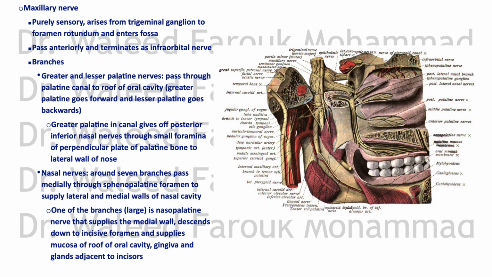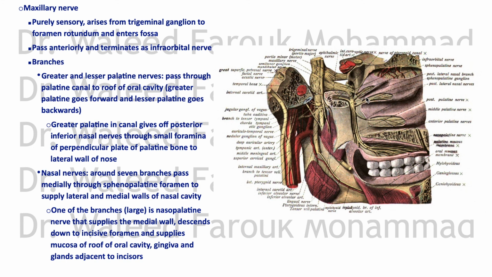One of these branches is the nasopalatine nerve, which will cross to the medial wall of the nasal cavity. Remember that, it descends on the septum and ends by going through the incisive canal.